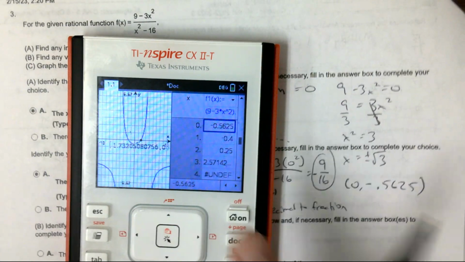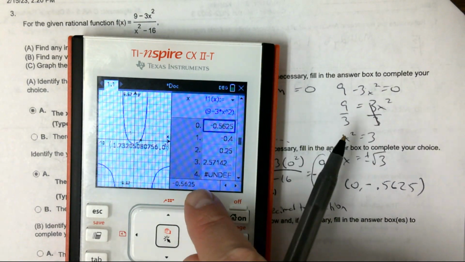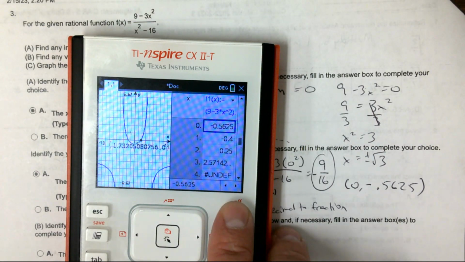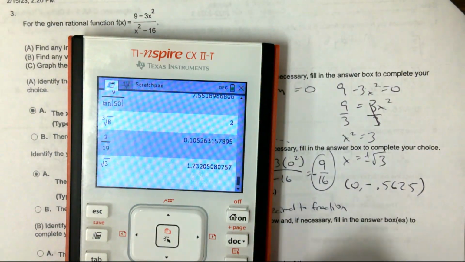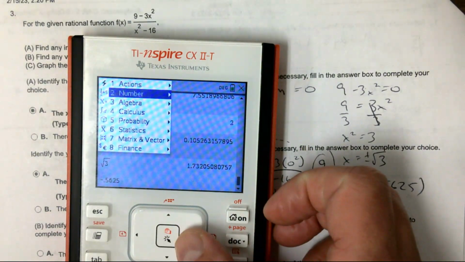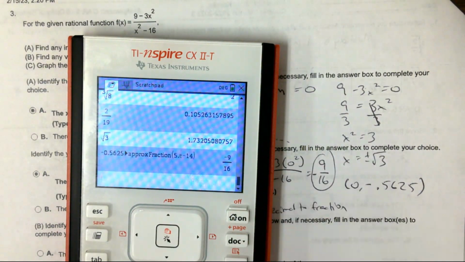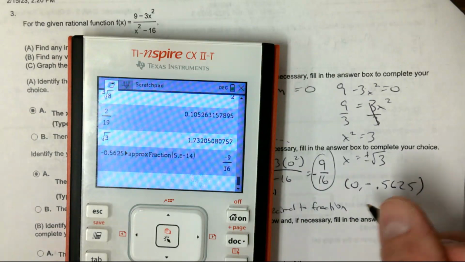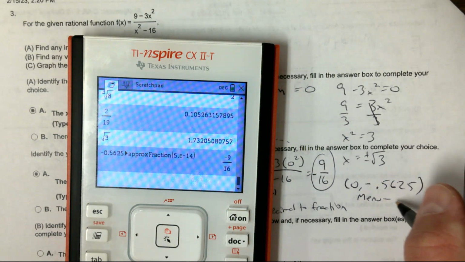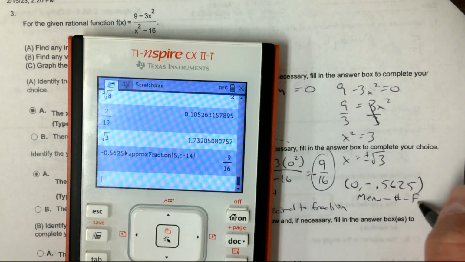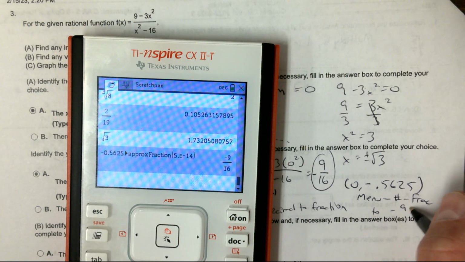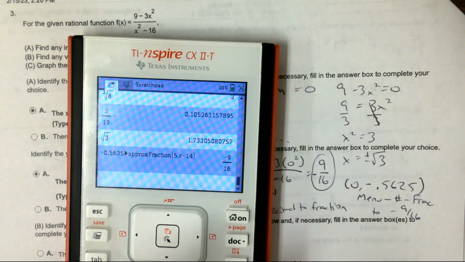It's not continuing after that, so it's called a terminating decimal. If you wanted to, you could change negative 0.5625 to a fraction, and that gives you negative 9/16. So that's how you get it.